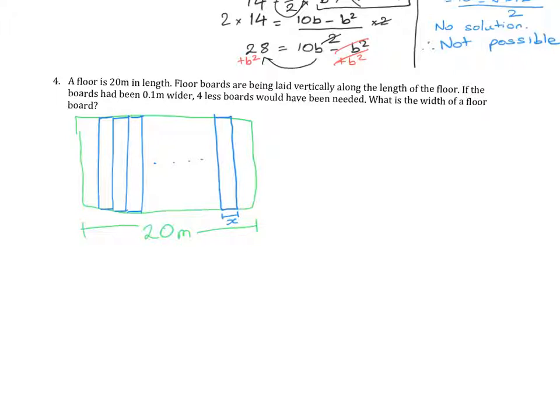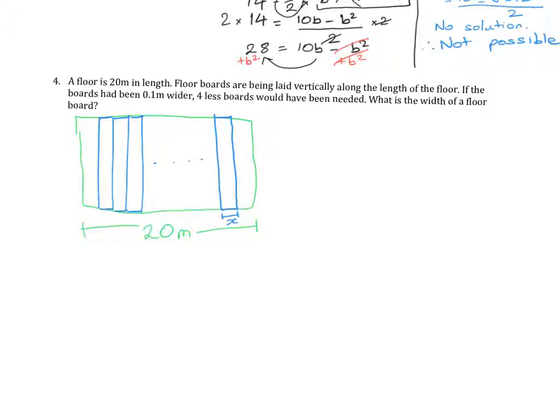At the moment, the number of floorboards fit perfectly into 20. But if the boards had been 0.1 wider, they would have needed 4 less boards.